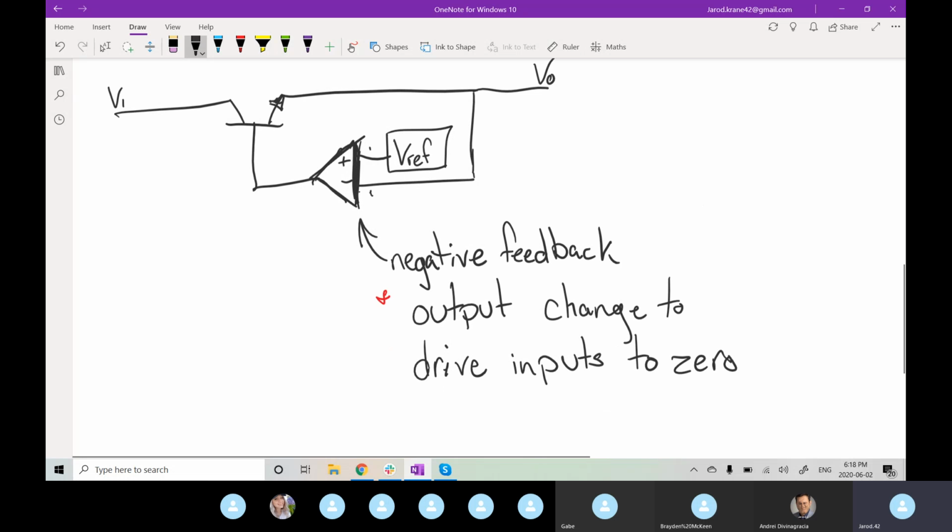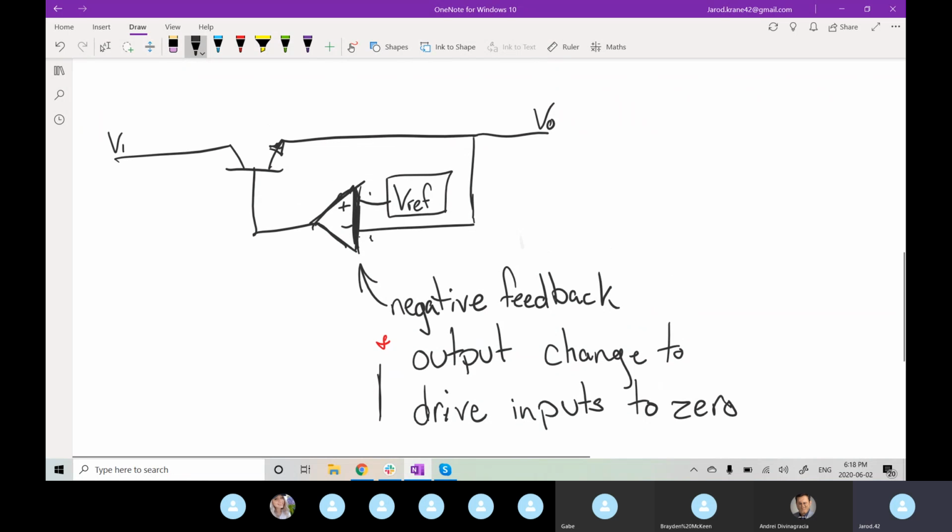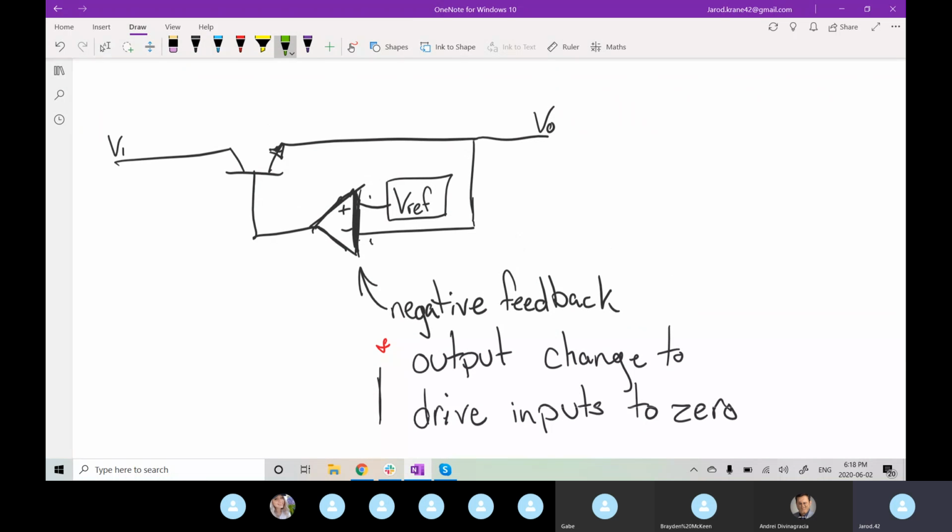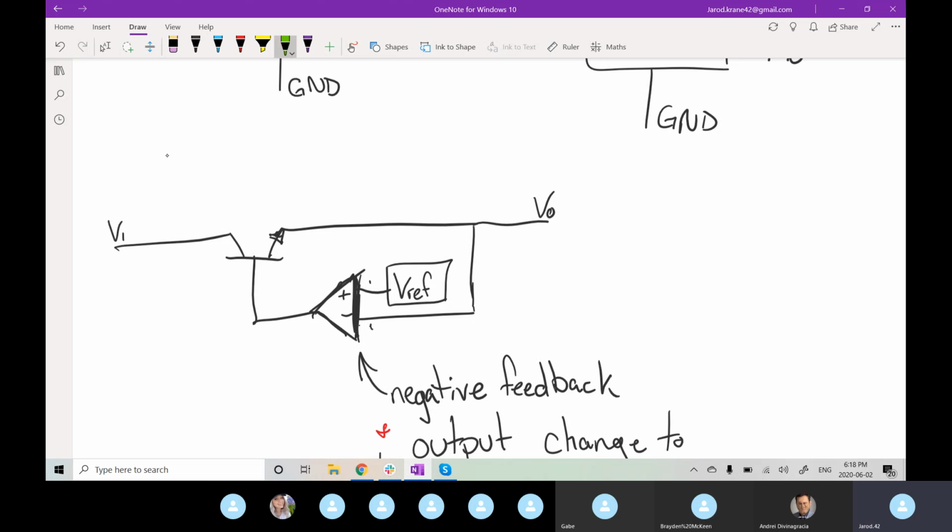Okay, so to build off of this relation, let's say we want this to be a 9 volt to 5 volt regulator.